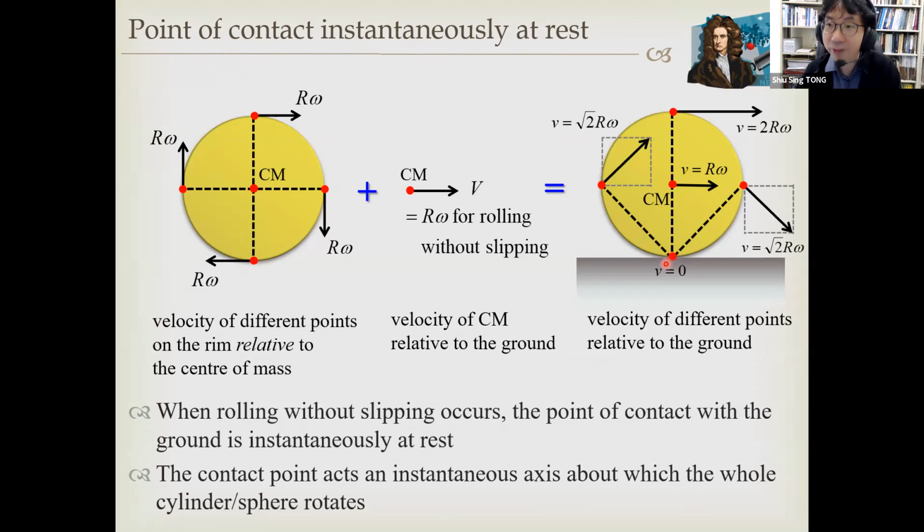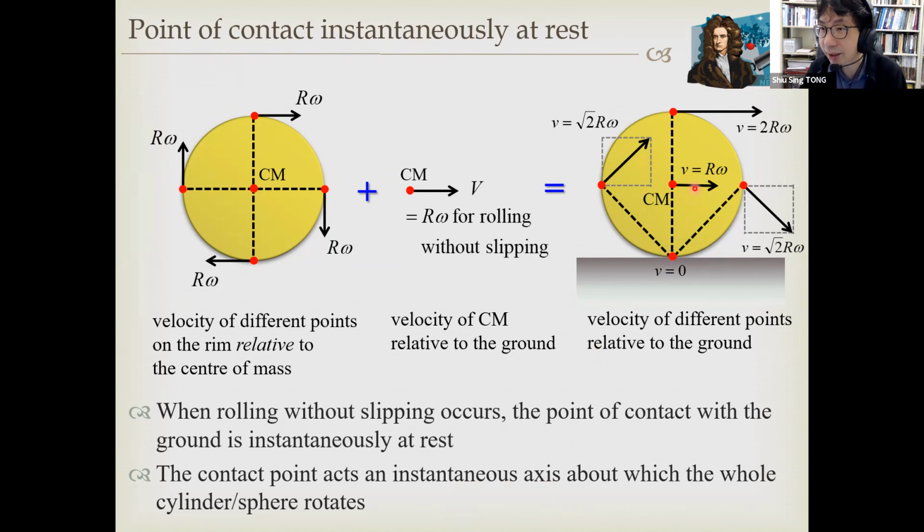Now, that point is at rest only instantaneously. When the body continues to roll, the point will go up again and will go forward. But at that instant, when it is in contact with the ground, it is instantaneously at rest at that moment.